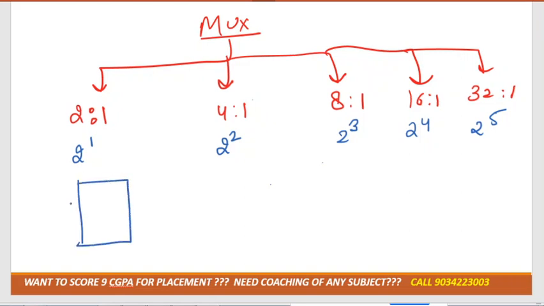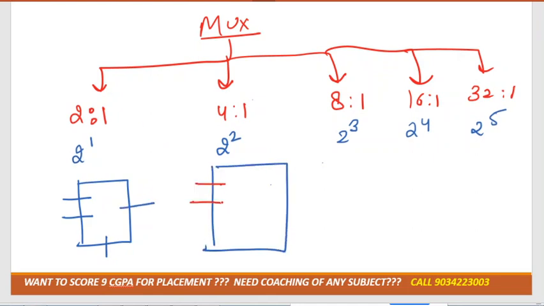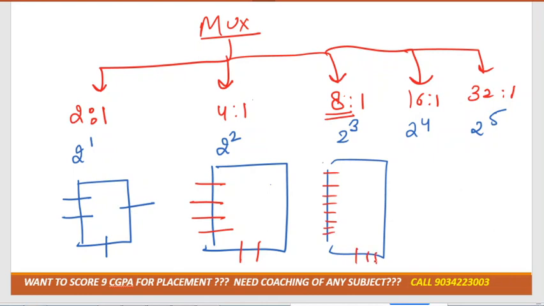In the first multiplexer we have two inputs and one select line. In the second we have four inputs and two select lines. In the third case we have eight inputs and three select lines, and so on further. Got it?